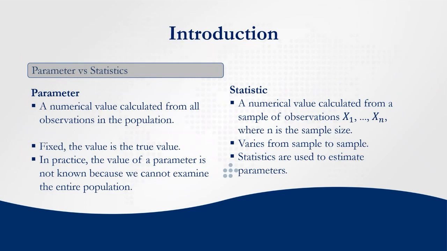So we are interested in something that is happening in the population. The things that we measure from the population, we refer to them as parameters. So going back to my example, if I measure the weight, or if I measure the age of all the M&D students at UNISA, I'm going to get a parameter because I've measured everyone within the population.